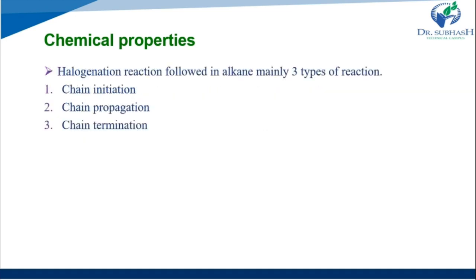Then the halogenation reaction mechanism is in three steps: chain initiation, chain propagation, and chain termination. So initiation is the starting part of the reaction, then chain propagation is the middle part of the reaction, and chain termination is the last part of the reaction.